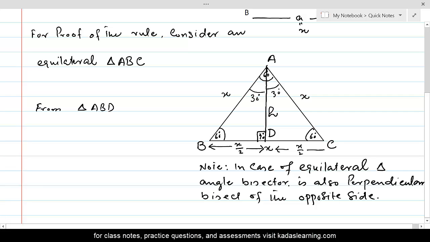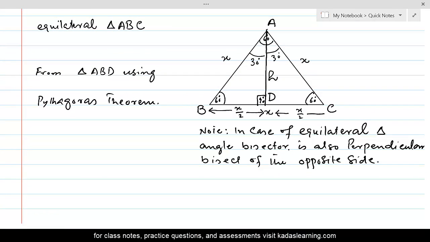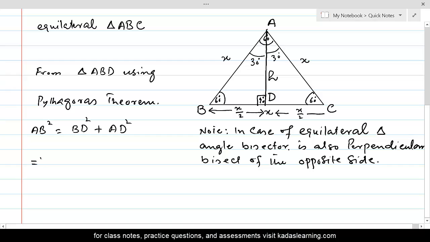So if this angle is 90 degree, then by Pythagoras theorem, from triangle ABD, what we have here is AB square, which is the hypotenuse, AB square is equal to BD square plus AD square, which means that x square is equal to x by 2 square plus h square.